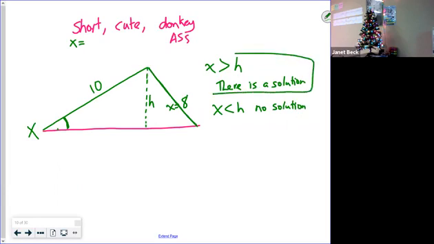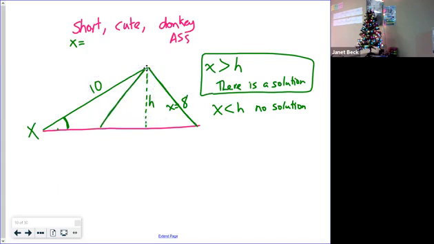In this case, though, there's more than one solution. Can you see this side here, 8? I could get that same side and swing it around so it's the same length. Oh, I've messed up the length there, that's not what I meant to do. And it could join there.